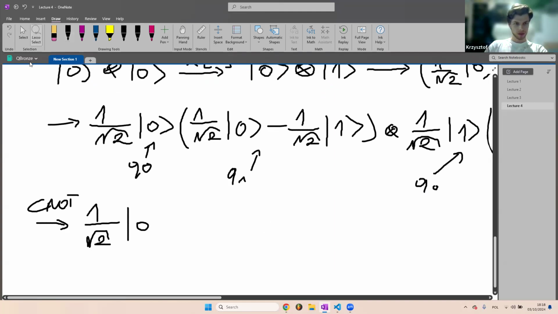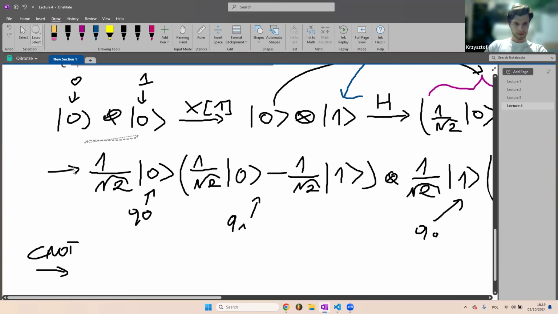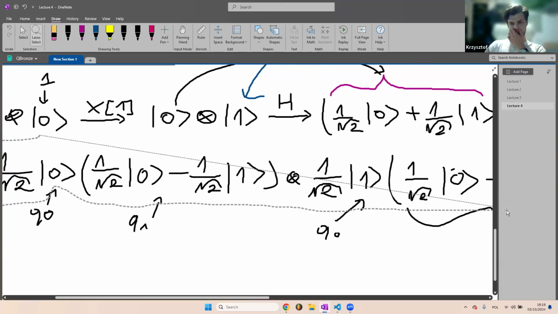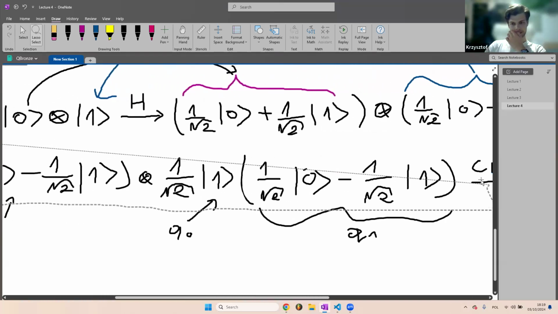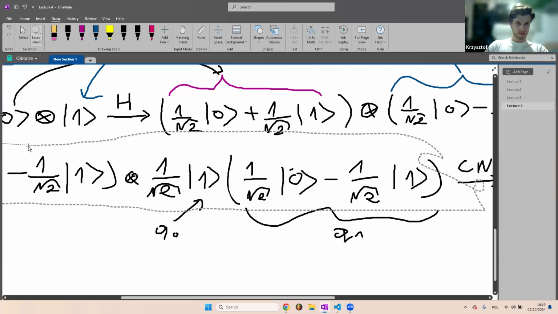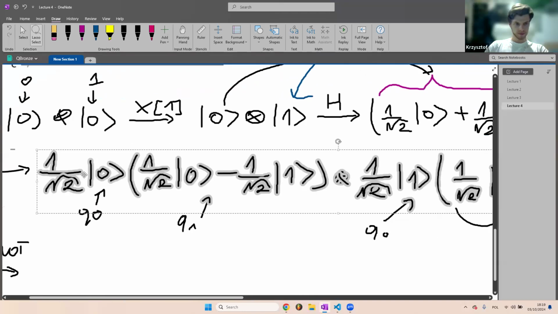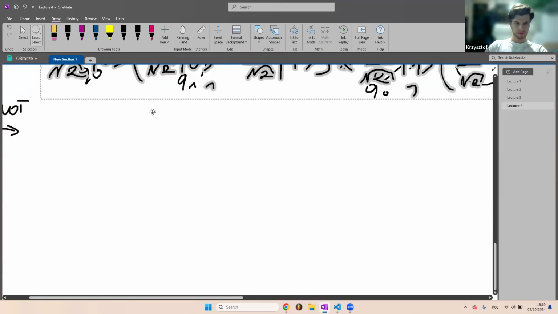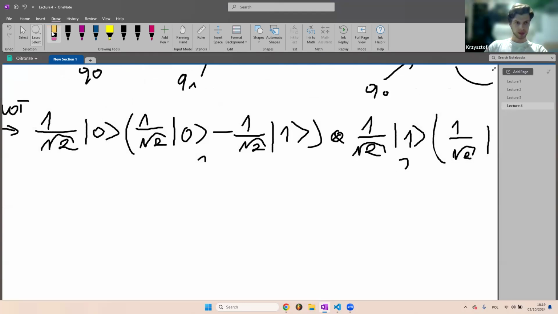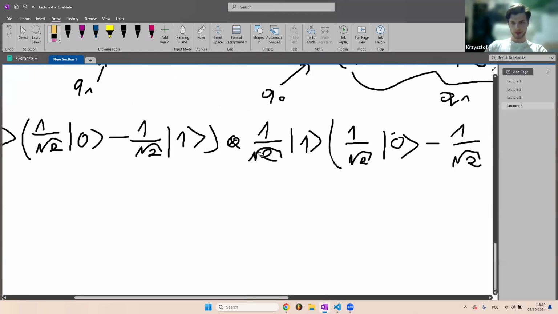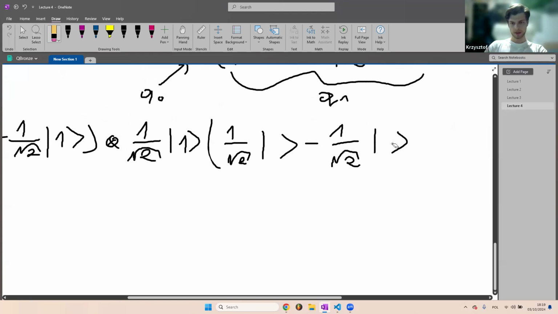So I will copy this and paste because this stays the same. Maybe I'll try to copy all of this. Okay, so after the CNOT, now the 1 changes the state of this qubit here. So this will now be 1 and 0.